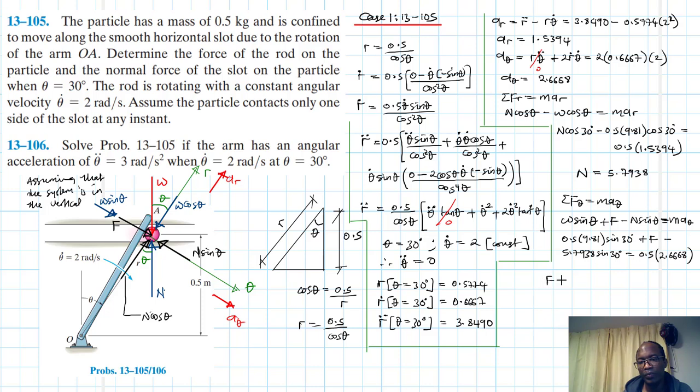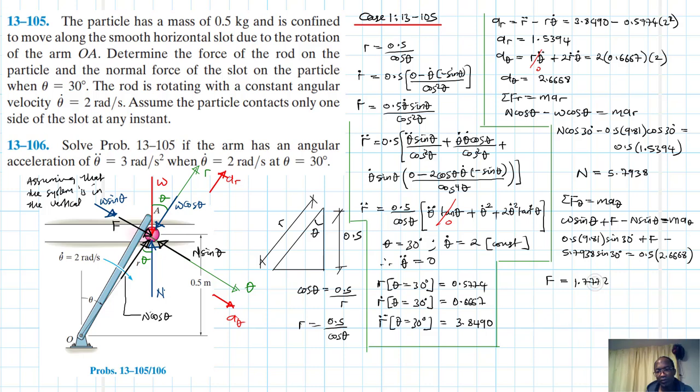Therefore, our F is just going to be equal to 0.5 by 2.6668 plus 5.7938 by 0.5 minus 0.5 by 9.81 by 0.5. In this we get a 1.7778.